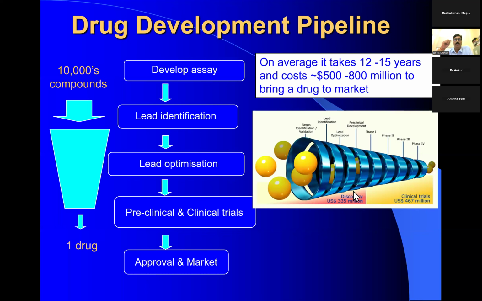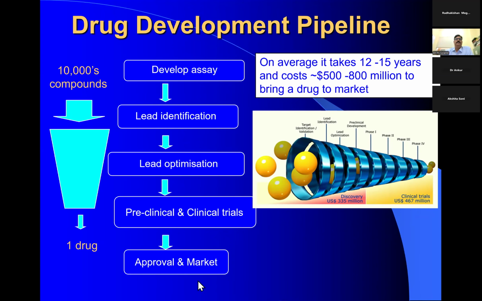Why are we doing this? To confirm the safety, determine the optimal dosage, and prove effectiveness against the target disease. Ultimately, this demanding process weeds out tens of thousands of investigated compounds to yield perhaps one final approved drug molecule. So this is the normal drug development pipeline, the traditional way of developing a drug.